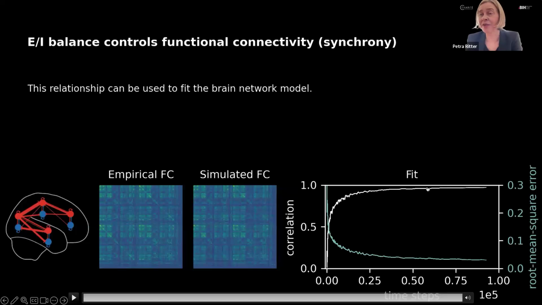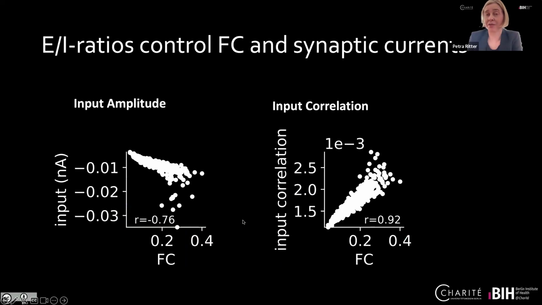So we have a very high fit, or correlation, between the empirical and the simulated functional connectivity at the end of the fitting procedure. And this was important because it's exactly this structure of synchronicity and asynchronicity that shapes the cognitive performance in human brains, as we will see in a moment.